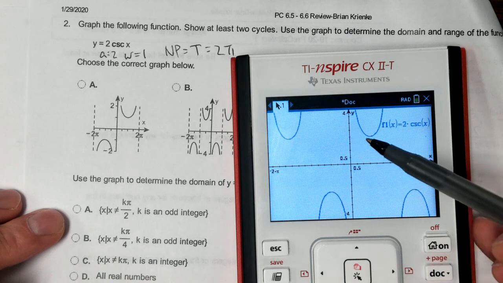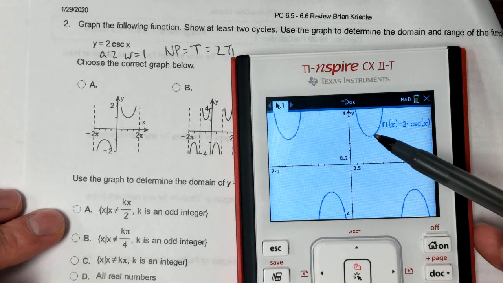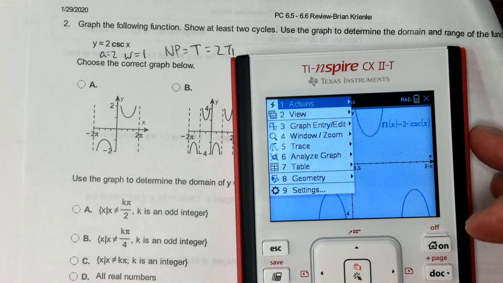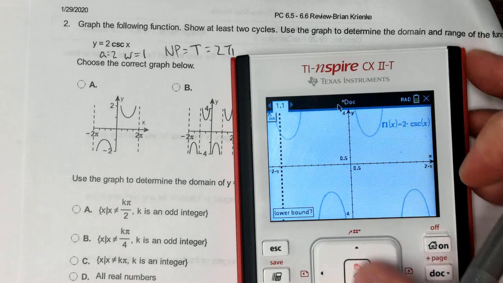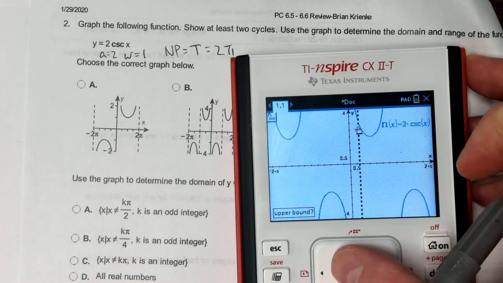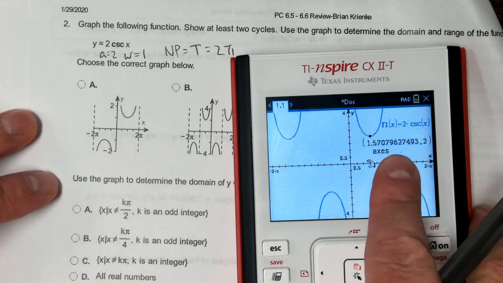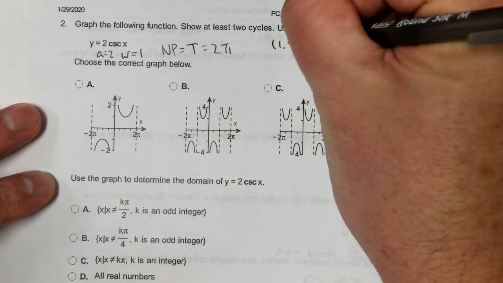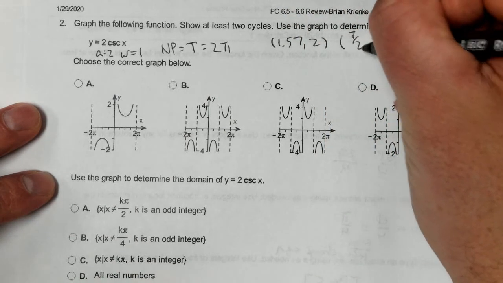What we notice is at 2, you're going to have a minimum. So how you can be sure, if you really need to do it this way, go to Analyze Graph, go to Minimum, and between here and here, you've got 1.57, comma 2, which means pi halves.